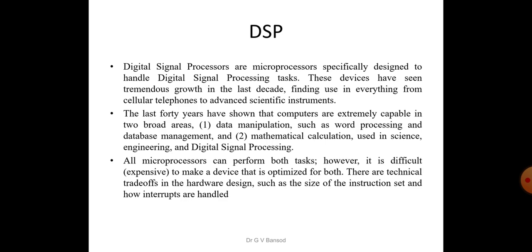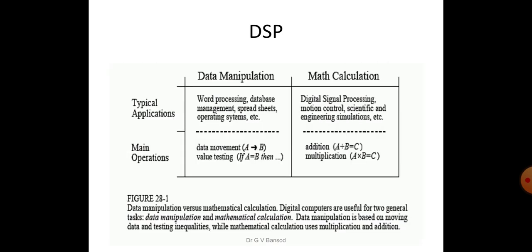So there always exists the trade-off between this. So when I say data manipulation, I mean to say processing, moving data from one point to another. When I say mathematical calculation, I mean to say operation happens in the ALU like addition, subtraction, multiplication and so on.